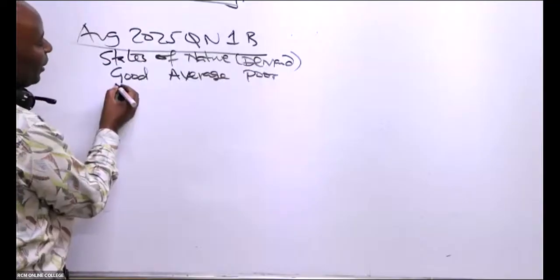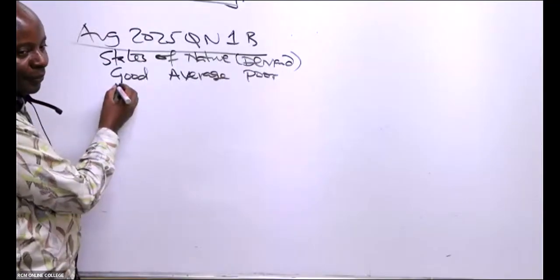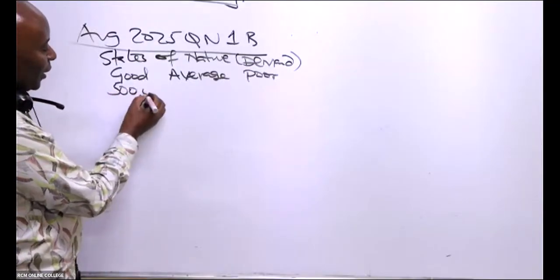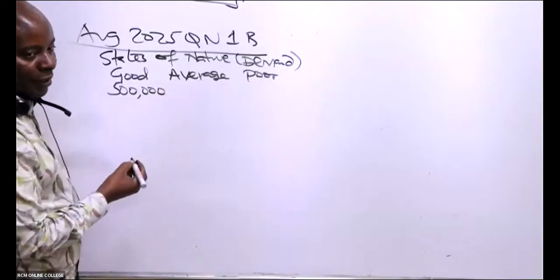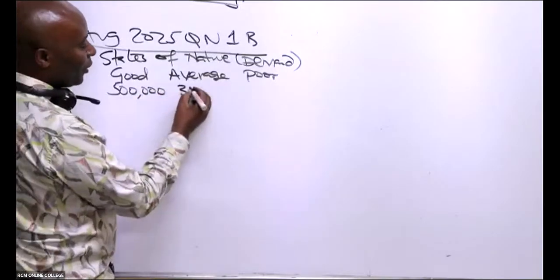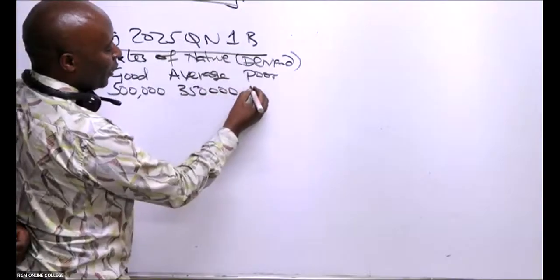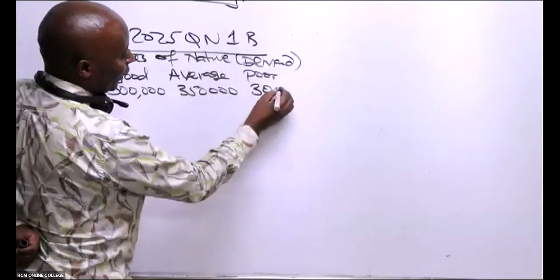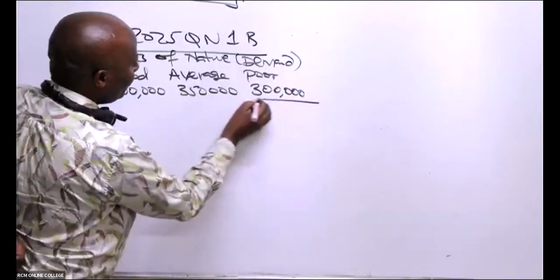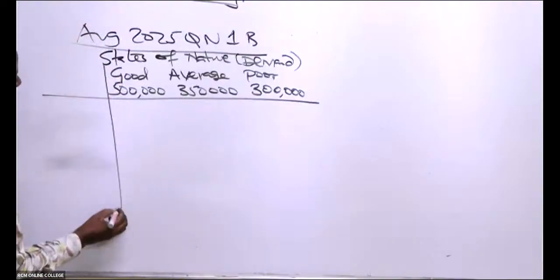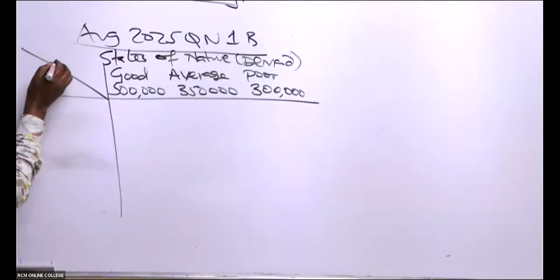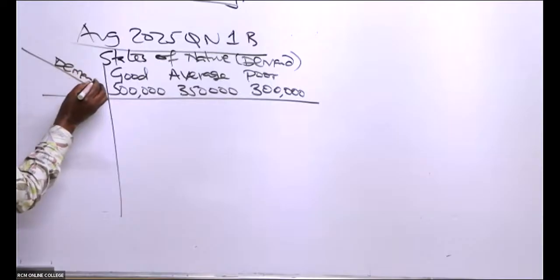If it is good, we shall have a demand of 500,000. If it is average, 350,000. If it is poor, 300,000. So we can have this as a demand.